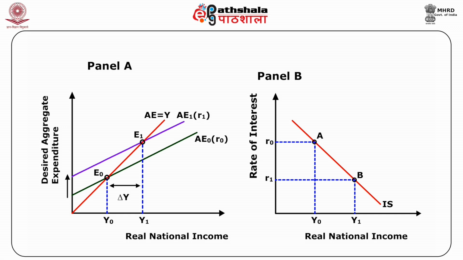Thus, the IS curve is the combination of interest rates and income at which the goods market clears. All points on the IS curve represent goods market equilibrium. The IS curve is negatively sloped as a lower interest rate corresponds to a higher aggregate expenditure.